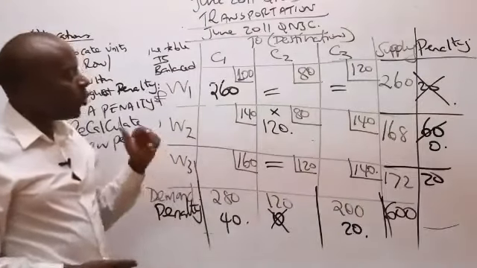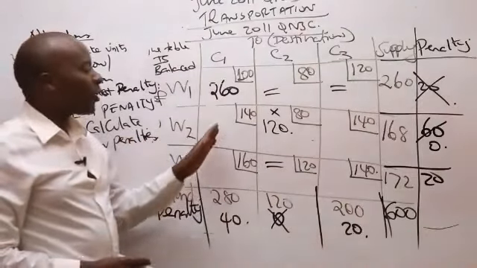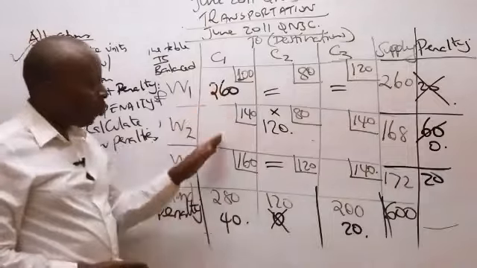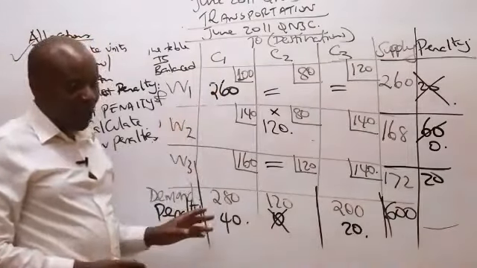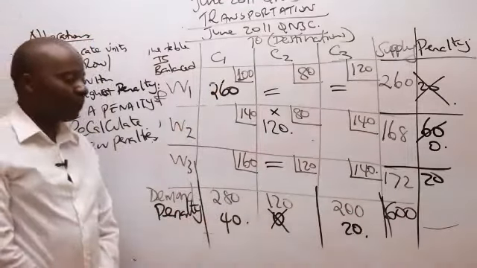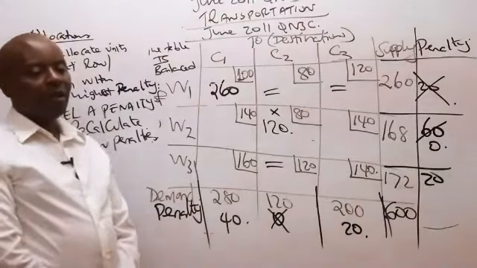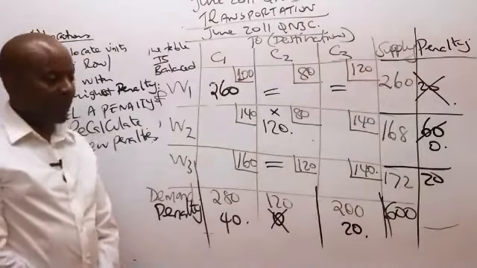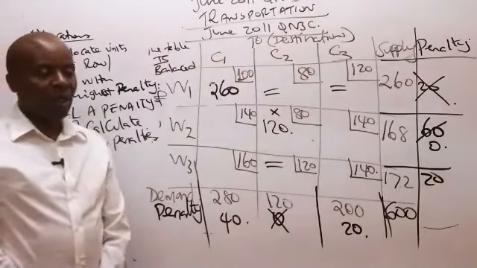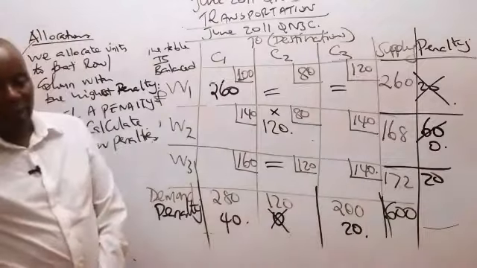Ladies and gentlemen, I would want you to help me. I want us to calculate the new penalty for C1. Could you kindly help me calculate that? Somebody give me the new penalty for C1. If you get this, we should be able to give you a present. Is there anybody who is able to see the C1 penalty?